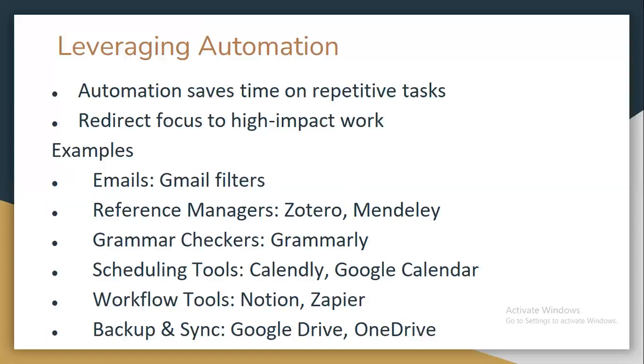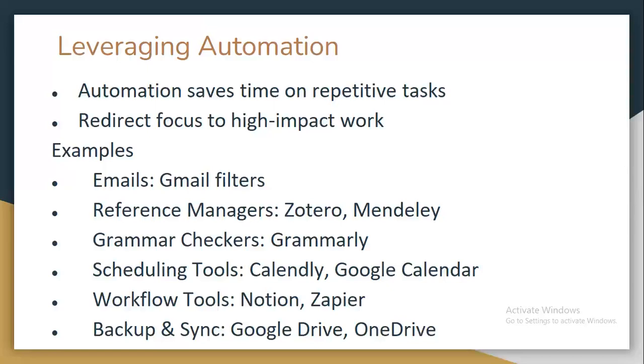You automate those tasks, and then you are able to make room for high impact work, all right, that requires you to maybe think through it or come up with suggestions. Okay.